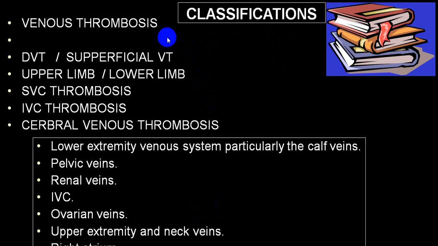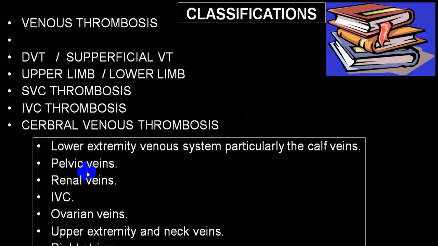We can classify venous thrombosis into deep vein and superficial vein, upper limb, lower limb, superior vena cava, inferior vena cava, and very odd, cerebral venous thrombosis, particularly involving the superior sagittal sinus and its connections. In the lower extremity, it is most commonly the calf muscles.